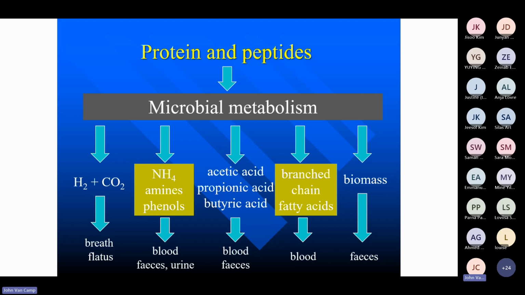You can also produce branched-chain fatty acids. They are produced from branched-chain amino acids like isoleucine, for example. The amino group is removed and the remaining acid, called a branched-chain acid, can go to the host, and from the blood it can be brought to the adipose tissue where it can be stored.